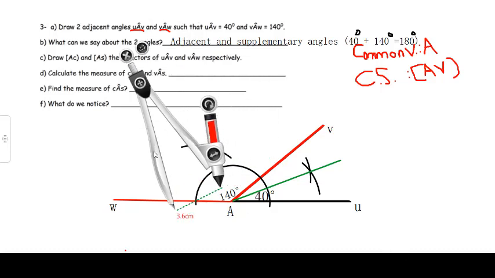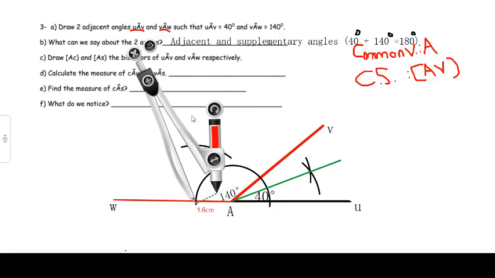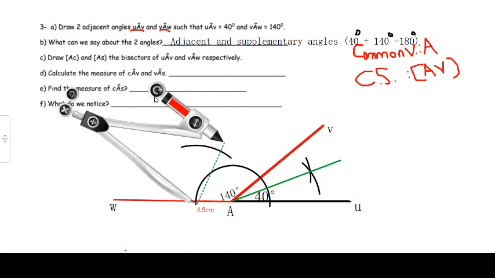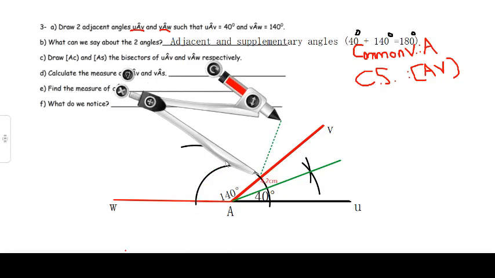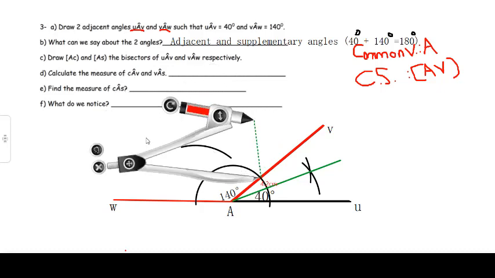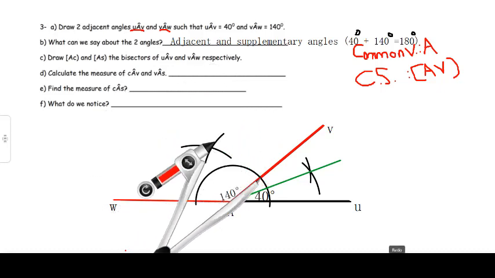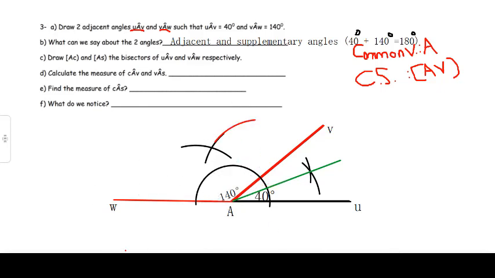Then on the second point here with the second angle, I'm going to make an arc. This is the first arc and I put it here to make the second arc. Okay, now I got the second bisector.